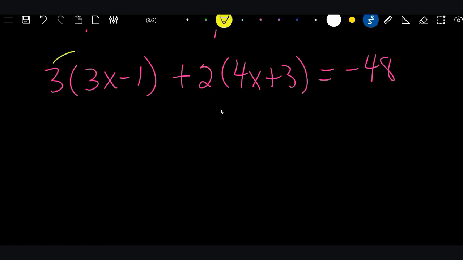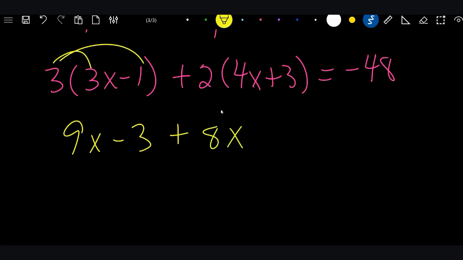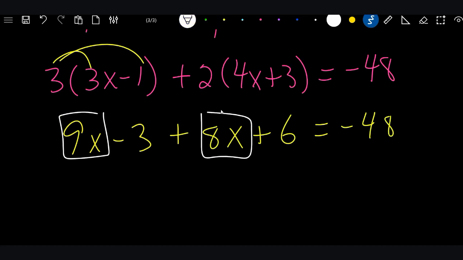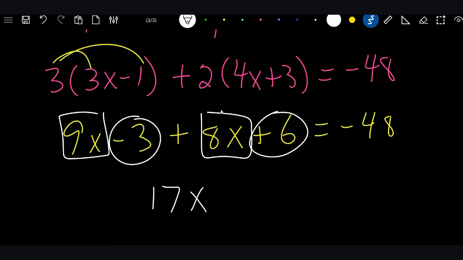Okay, and then we're just going to go ahead and distribute, and we're going to get 9x minus 3 plus 8x plus 6 equals negative 48. And then we just do what we can do. Look, I got a bunch of like terms over here. 9x, 8x, so that's going to be 17x. And then I have minus 3 and plus 6. That's going to be a plus 3 equals negative 48.